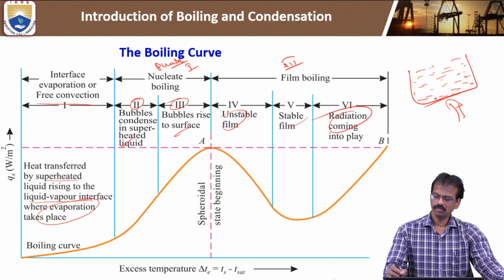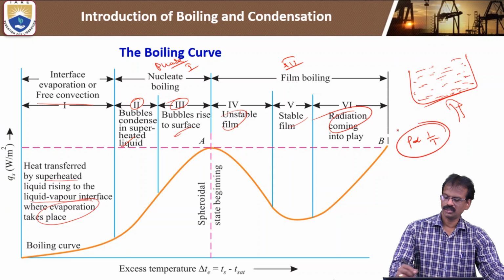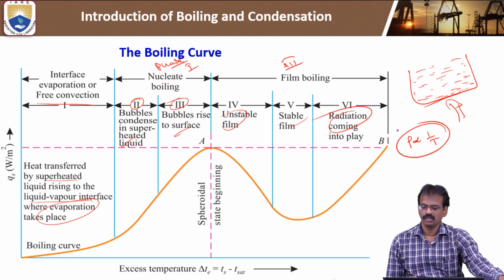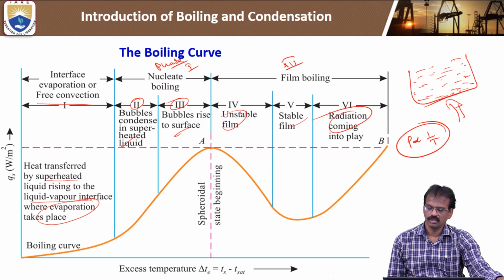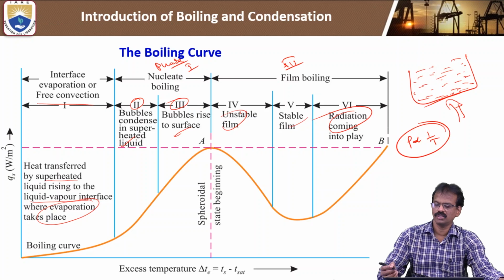It means the bubbles, the less dense particles move into the upward direction and the heavy dense particles move into the downward direction, because density is inversely proportional to temperature. If the temperature increases, automatically the density of the particles will decrease, and the less dense particles move upward.